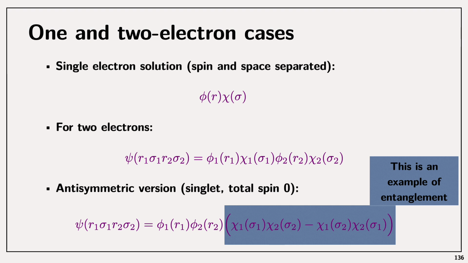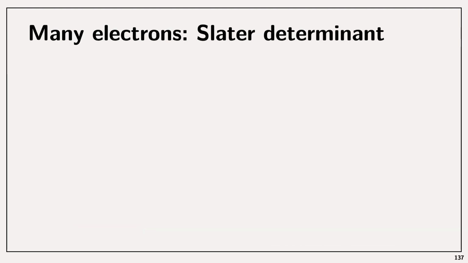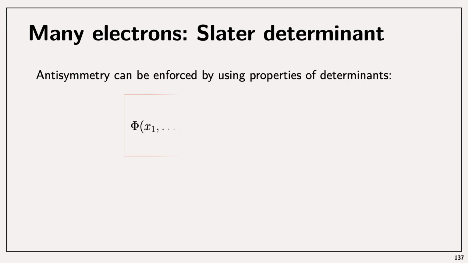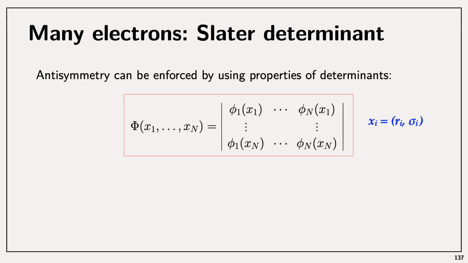Basically, it's going to be an object that when we exchange two particles or two states, the sign will change. And of course, in linear algebra, we have the perfect tool for that. It's called a determinant. And in fact, it's very well known as the Slater determinant, which is obtained by building a trial wave function this way.